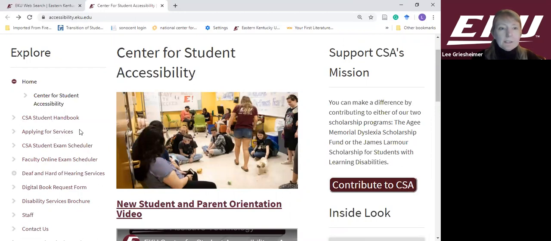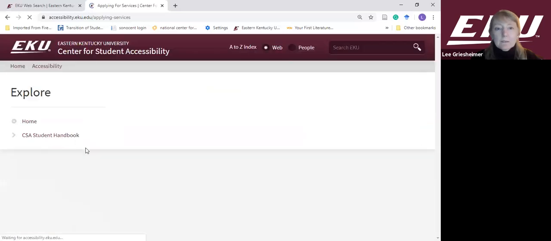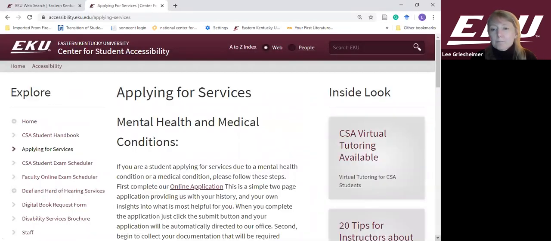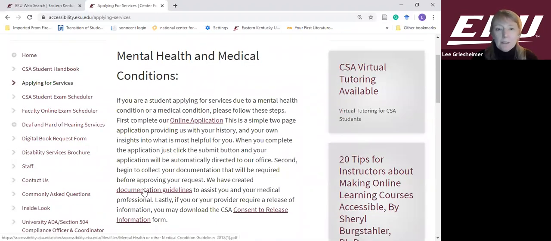So if you go to this Applying for Services tab, our first guidelines are here, and they are for students with mental health or medical conditions.